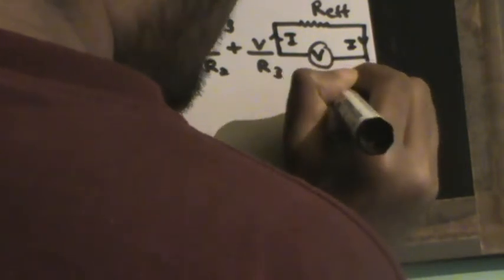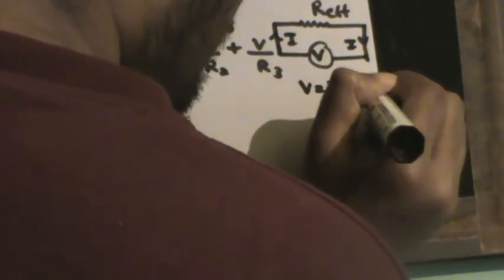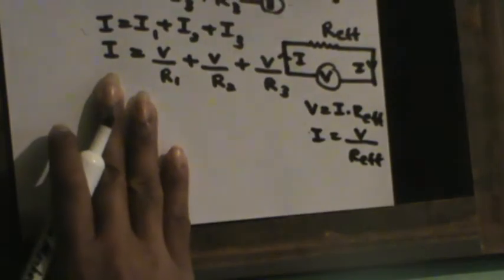So if I connect this to a voltage of V, and a current I is flowing through this circuit, V equals I times R effective. So I is equal to V divided by R effective.